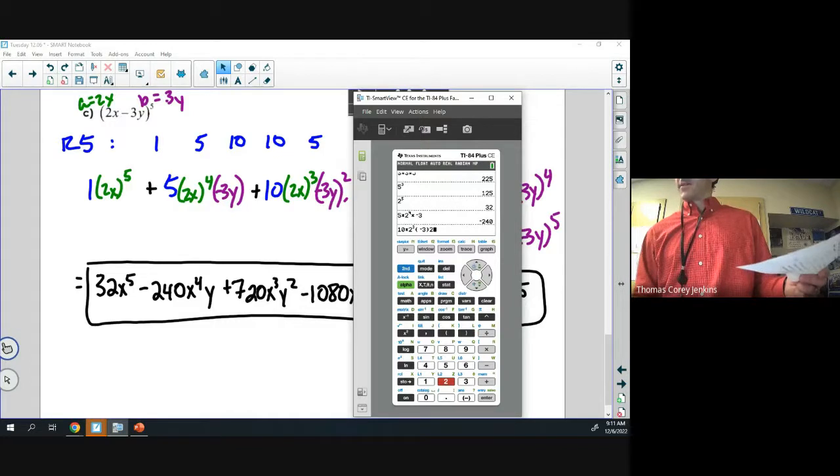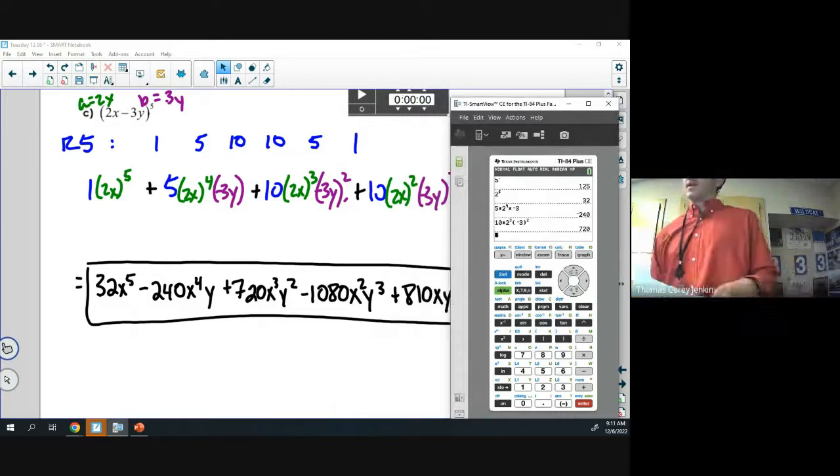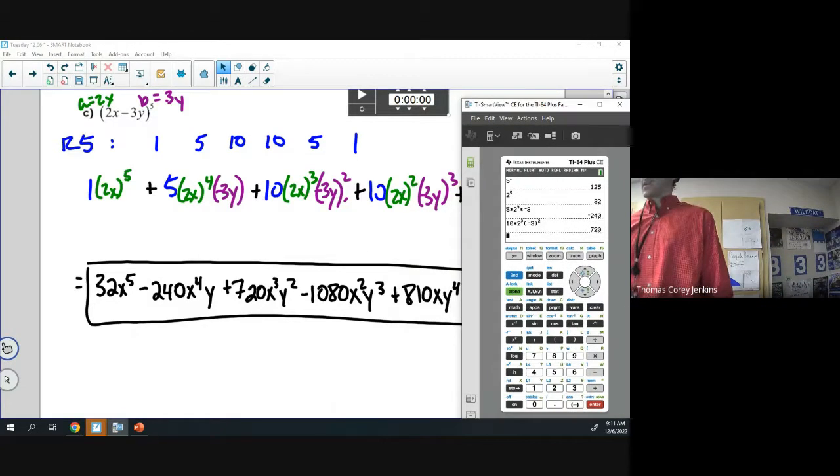That's going to be a positive number, unless we type it in wrong. So that's plus 720, right? And then we just kind of go from there. Next coefficient, 10 times 2 squared times negative 3 to the third, is going to be minus 1080, and so on.